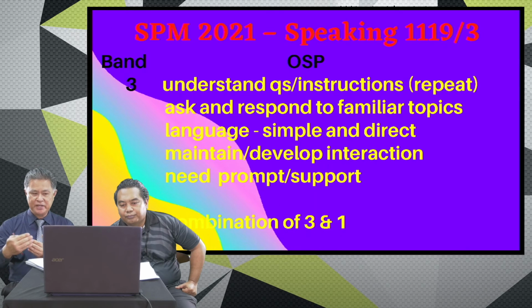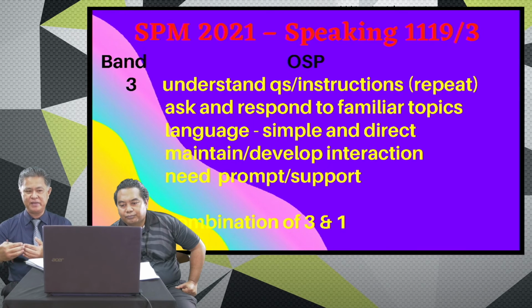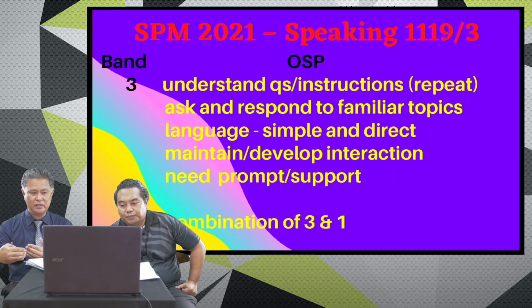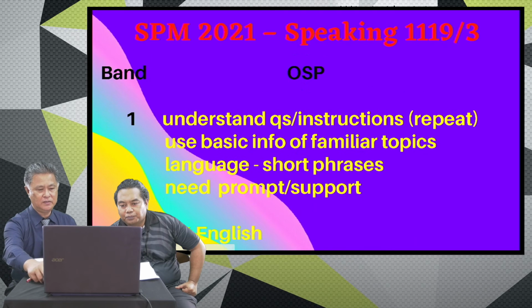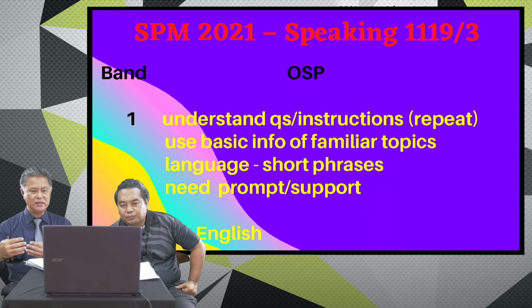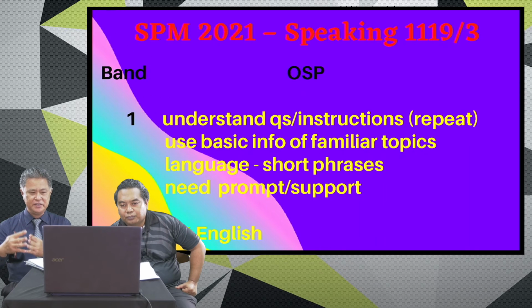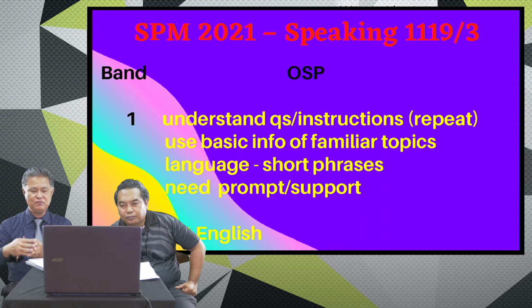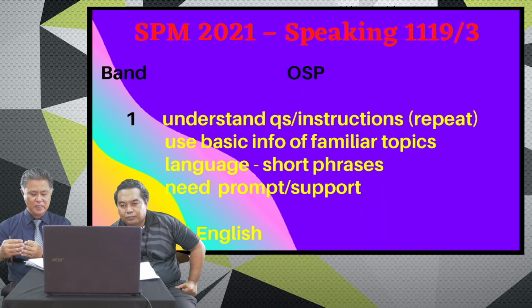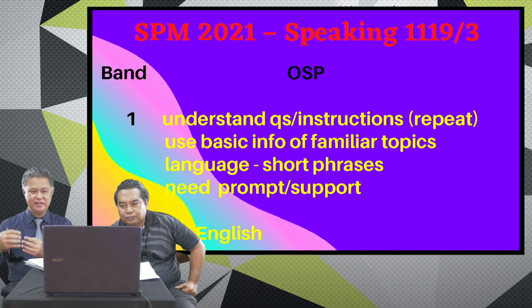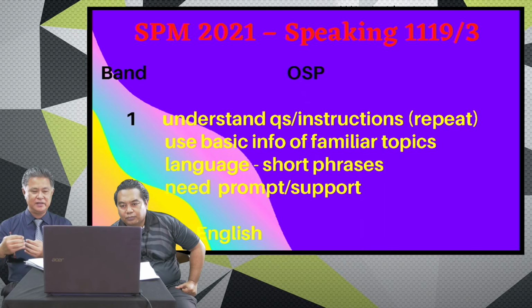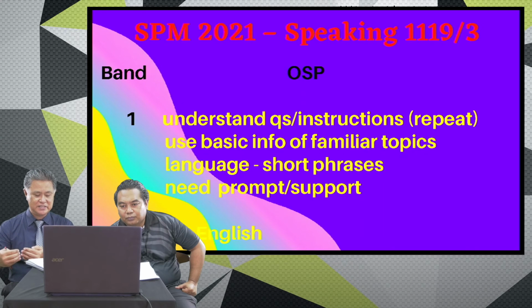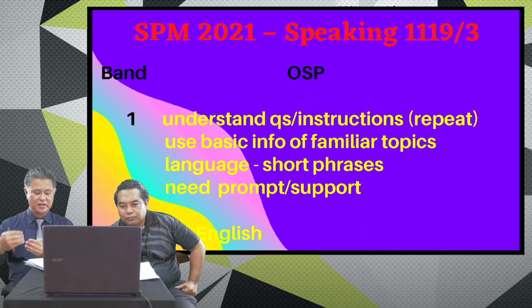Band 2 is actually an intermediate of band 3 and band 1. Can we look at band 1? This is band 1. The criteria for band 1 students is that they understand questions and instructions but need repetitions.